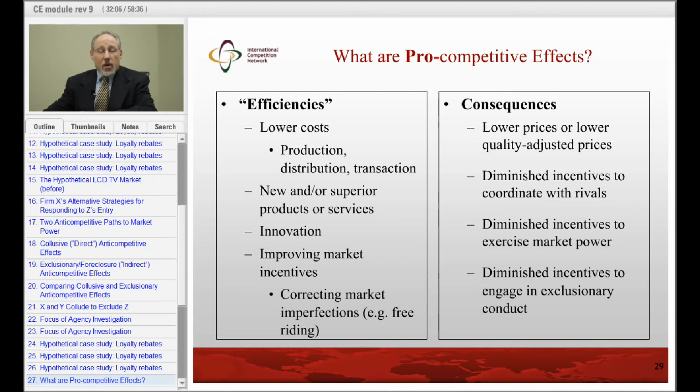For example, when the quality of a product is improved, even if the price stays the same, from the point of view of consumers, it's a lower price. Diminished incentives to coordinate with rivals, diminished incentives to exercise market power, and diminished incentives to try and exclude rivals might also result from these kinds of efficiencies, because they would create incentives for the firm to compete more aggressively with its rivals.